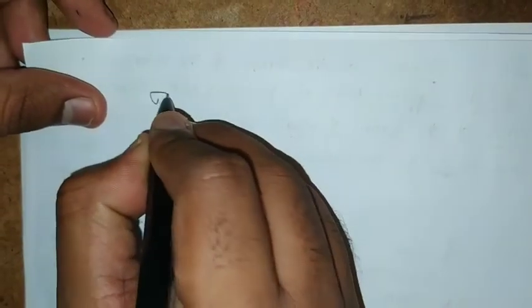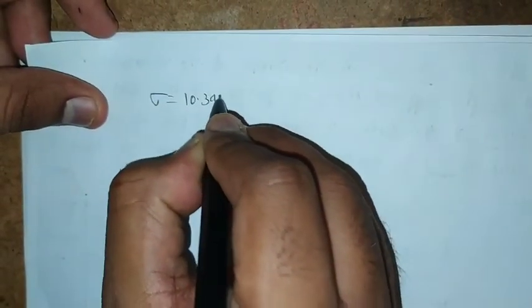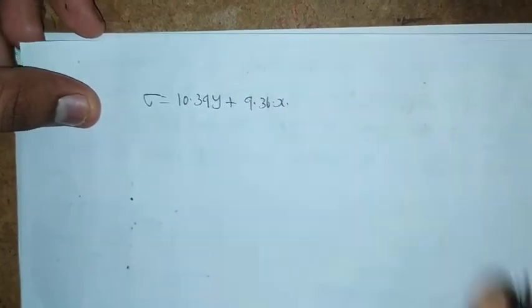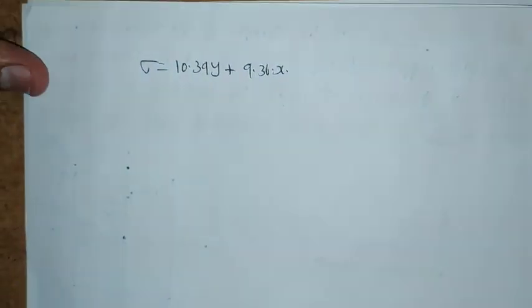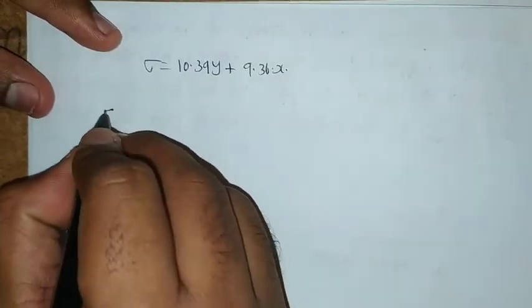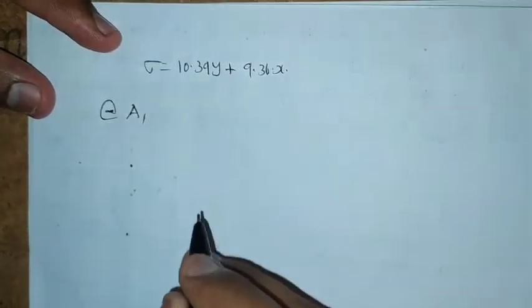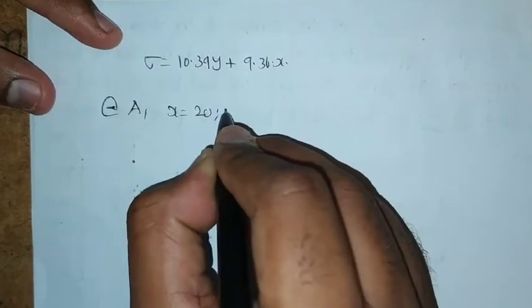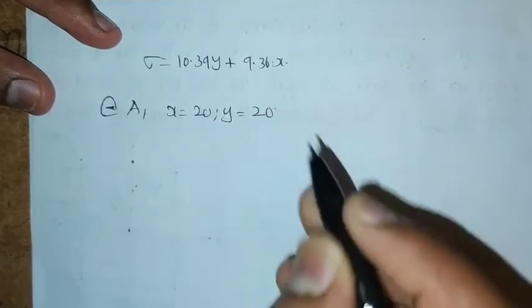So now we will see. The equation we have is sigma is equal to 10.39 into y plus 9.36 into x. First we will substitute the first coordinate. At point A, the x will be 20 and the y will be 25.